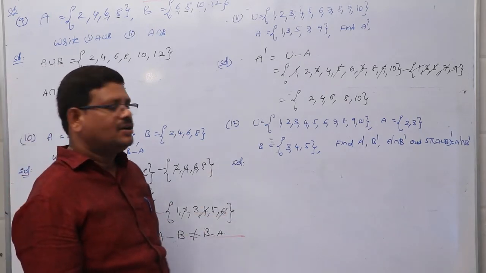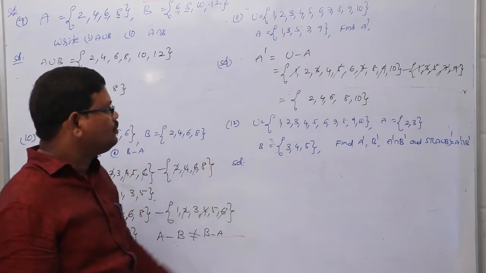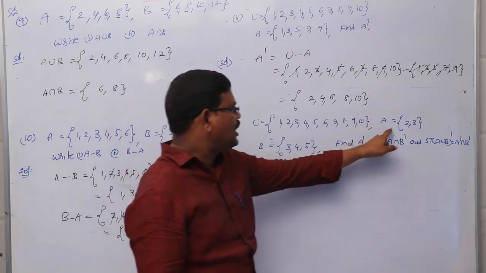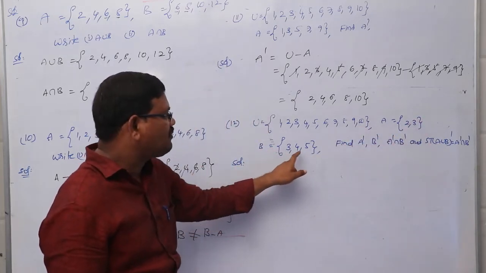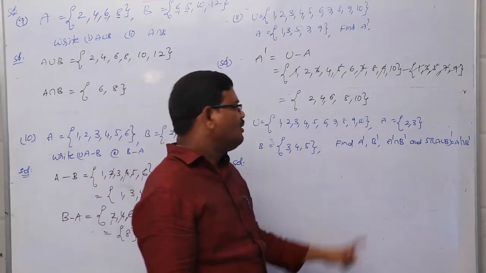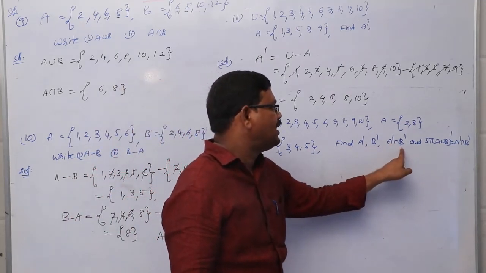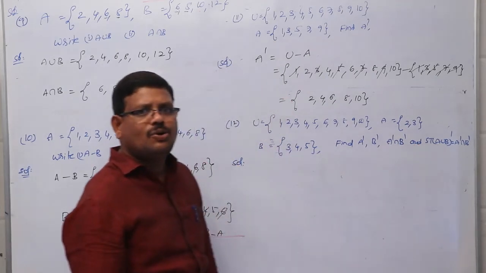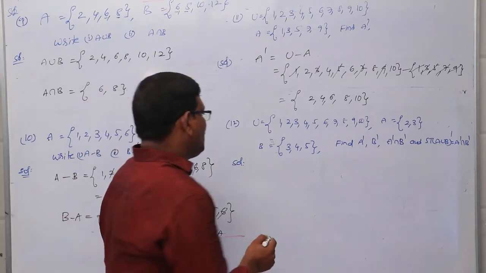Next one. The 12th one is: if U equals the set of 1 to 10, A equals the set {2, 3}, B equals the set {3, 4, 5}, find A dash, B dash, A dash intersection B dash, and we have to show that (A union B) whole dash equals A dash intersection B dash.